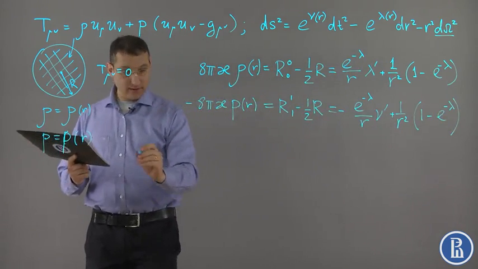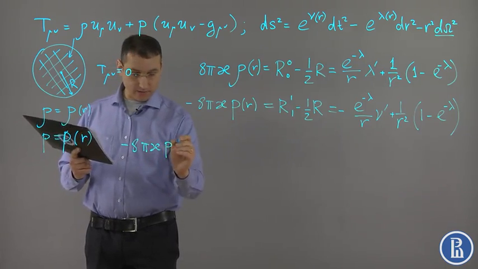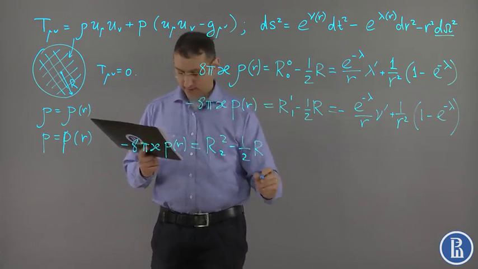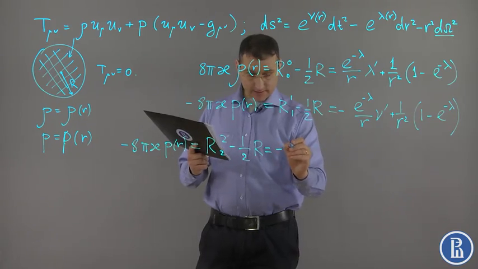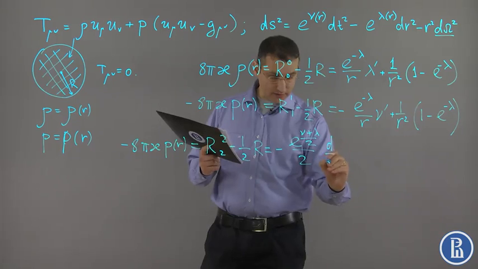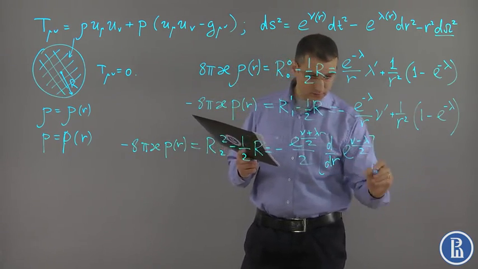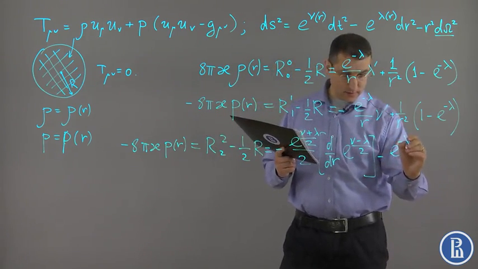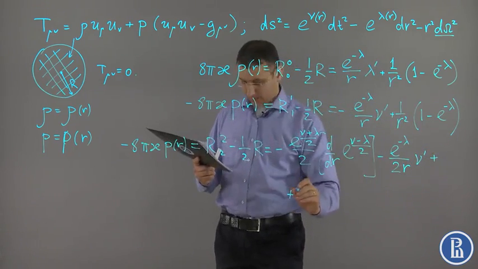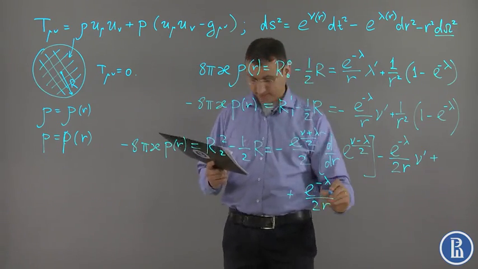And finally, let me start writing here because it's a longer equation. 8 pi kappa p of r is R22 minus 1/2 R, which is minus exponent of nu plus lambda divided by 2, times 2 d over dr of exponent of nu minus lambda over 2, minus lambda over 2r nu prime plus exponent of minus lambda divided by 2r lambda prime.